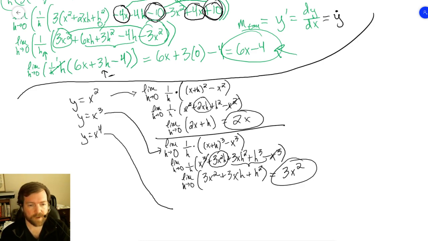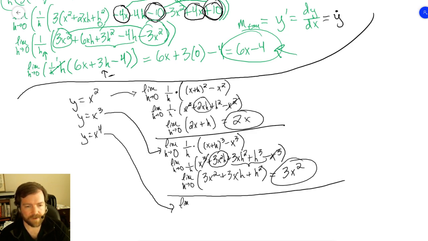All right, and similarly, the same thing's going to happen with x to the fourth. This is, again, a little bit more tedious. But again, if you know Pascal's triangle, it's not terrible. x plus h to the fourth minus x to the fourth.